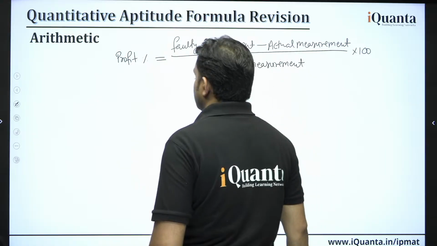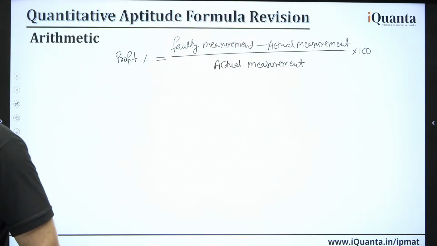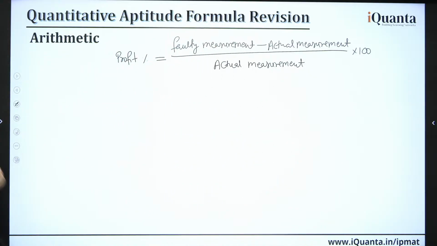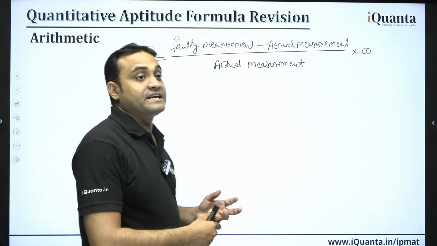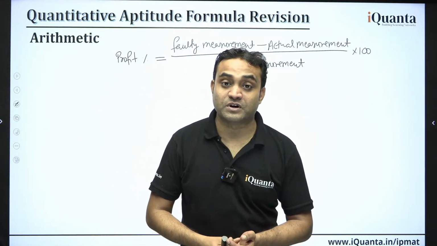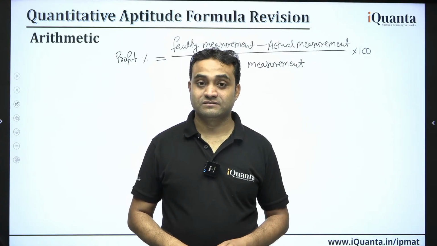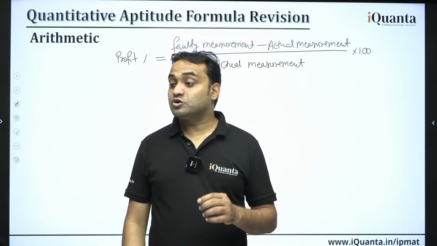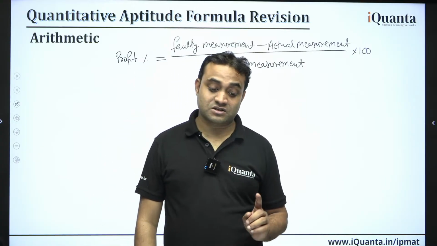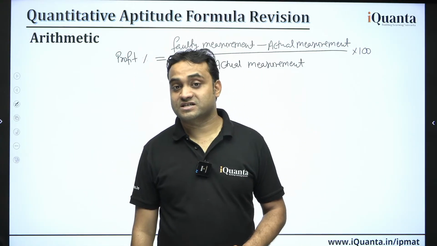Okay, this is how you can calculate the profit percentage in case a shopkeeper is cheating its customer by giving lesser weights.